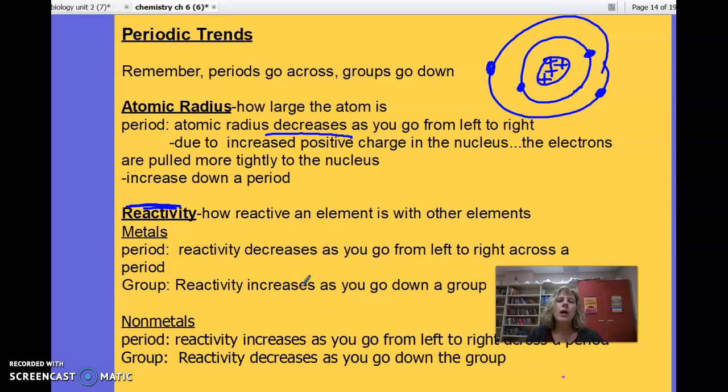Okay, and when you did your periodic table coloring, you talked about these periodic trends, so I just want to go over them really quickly.